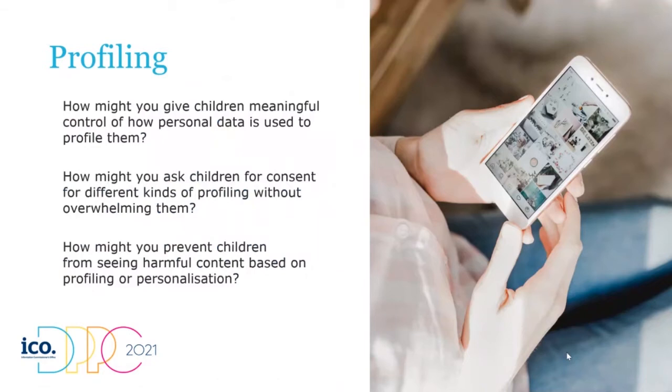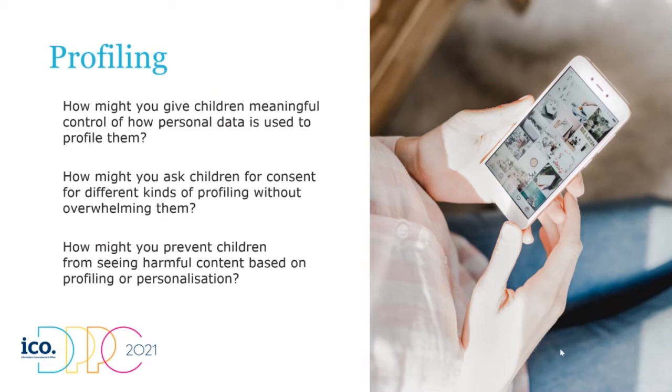So to look at this standard from a design perspective, we've reframed them as challenges that a design team might think about. So how might you offer children meaningful control of how their personal data is used to profile them? This might be more complex if you use different profiling for different purposes.